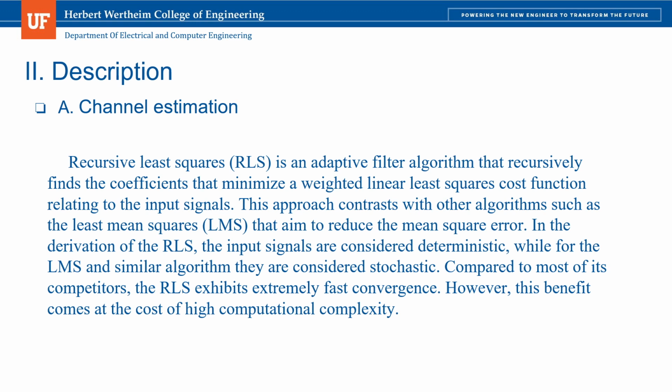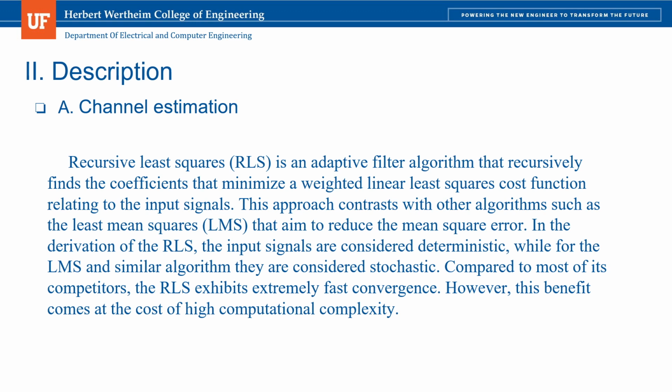And the recursive least squares is an adaptive filter algorithm that recursively finds the coefficients that minimize the weighted linear least squares cost function relating to the input signals. This approach contrasts with other algorithms such as the least mean squares that aim to reduce the mean square error.